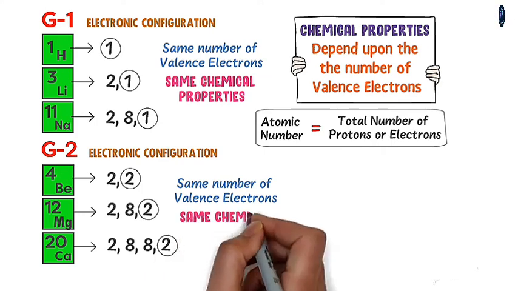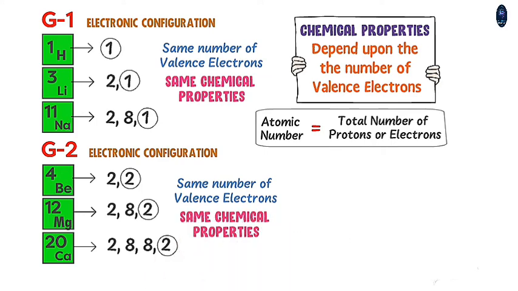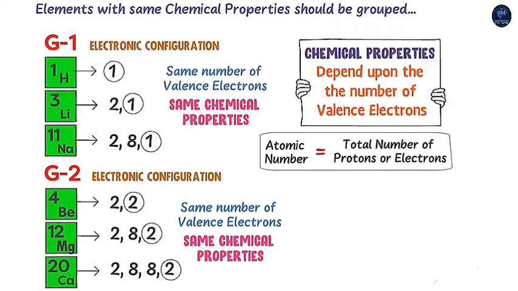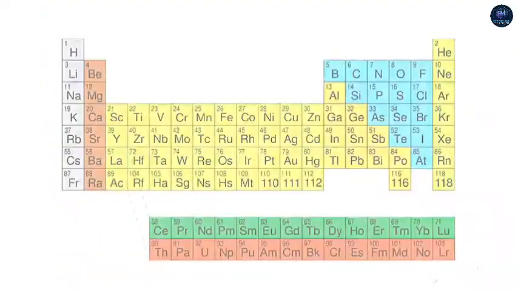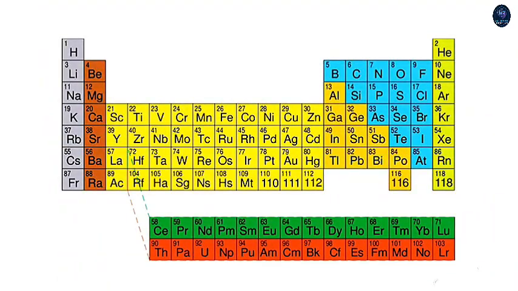So they also have the same chemical properties. Thus Moseley placed these three elements in the same group, or second group. Similarly, helium is placed in this group because helium has the same chemical properties as neon or argon. Therefore, remember that Moseley placed elements having the same chemical properties, or the same outermost electrons, in the same group. Finally, we got this type of modern periodic table.